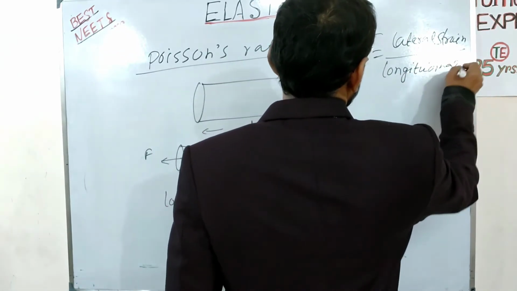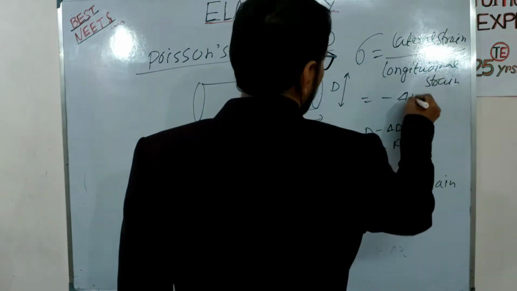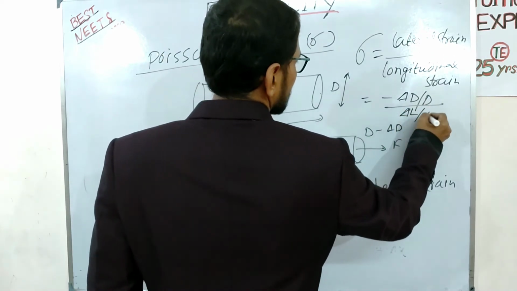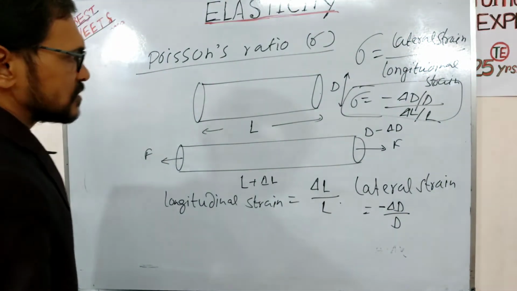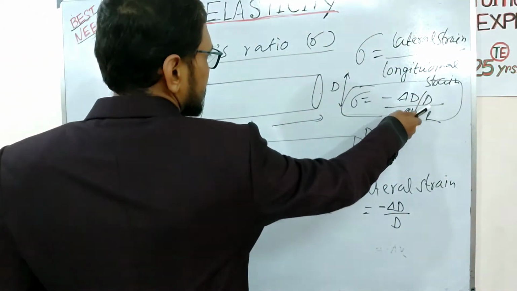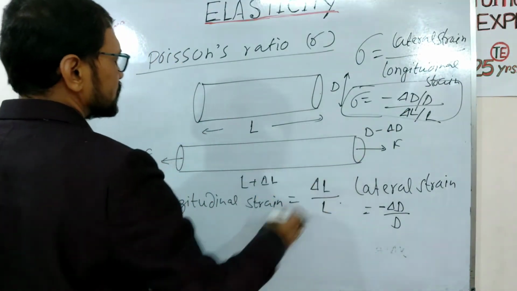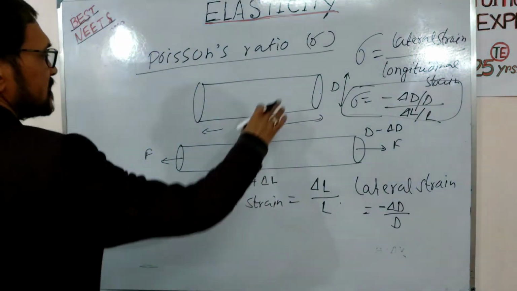Lateral strain is minus del D by D and longitudinal strain is del L by L. So this is the formula of sigma, Poisson's ratio. Del D is the decrease of diameter and del L is the increase of length. L is the original length and D is the original, initial diameter.